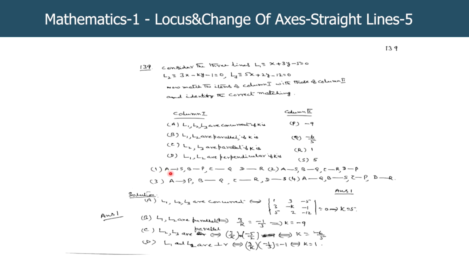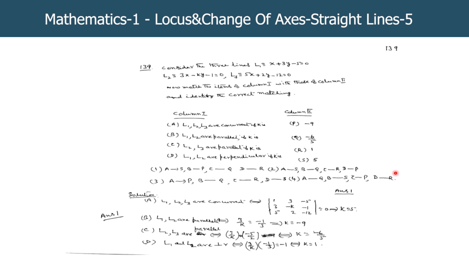Option 1: A goes to S, B to P, C to Q, D to R. Option 2: A goes to S, B to Q, C goes to R and D goes to P. Option 3: A goes to P, B goes to Q, C goes to R, and D goes to S. Option 4: A goes to Q, B goes to S, C goes to P, and D goes to R. Among them, you have to identify which option is correct.